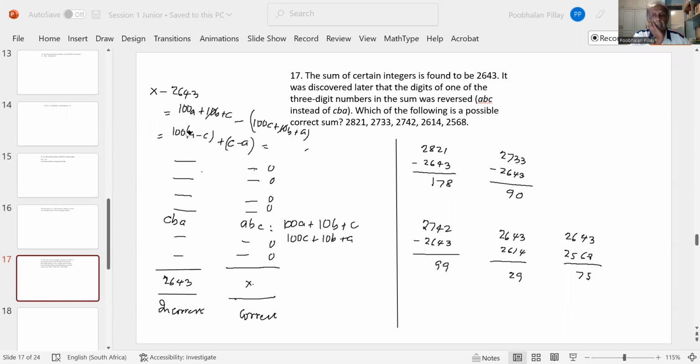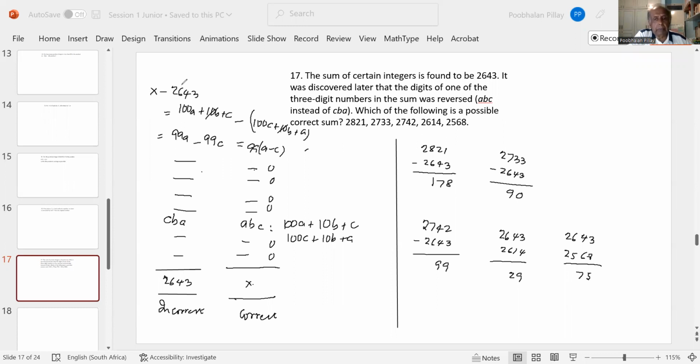When you subtract these two, 100A minus A is 99A. When you simplify this, you get 99A. 10B minus 10B goes off, and C minus 100C is minus 99C. And interestingly, this is a multiple of A minus C: 99 into A minus C.